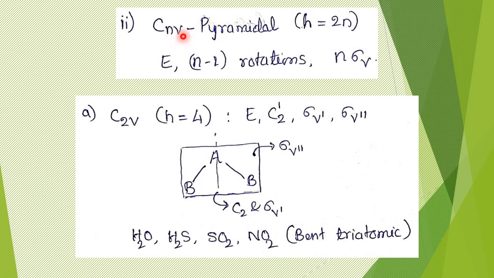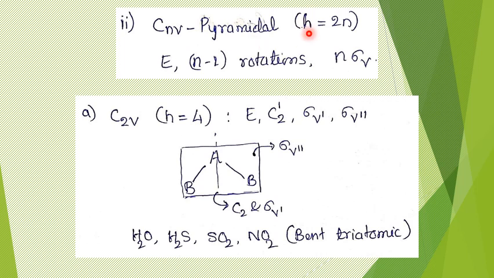Along with that, V indicates that along with the axis we even have vertical planes. So in any molecule, if we find an axis of rotation, we have the axis. Along with that, if we have vertical planes, then the molecule is said to be of this point group, the CnV point group. And this point group is called the pyramidal point group, right? When we go to some other examples, we will understand why this is called the pyramidal point group.